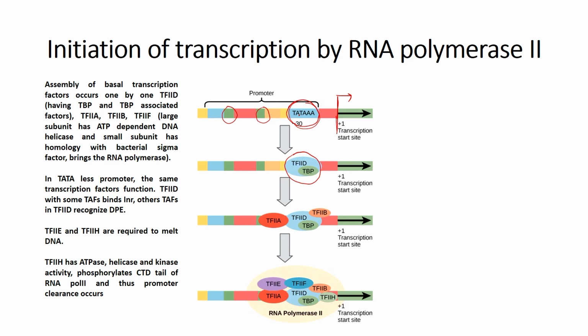Then next in the series, there will be TFIIA. So TFIIA has come and bound. Then there will be TFIIB. This is TFIIB. And TFIIF. So TFIIF binds here. This is TFIIF.